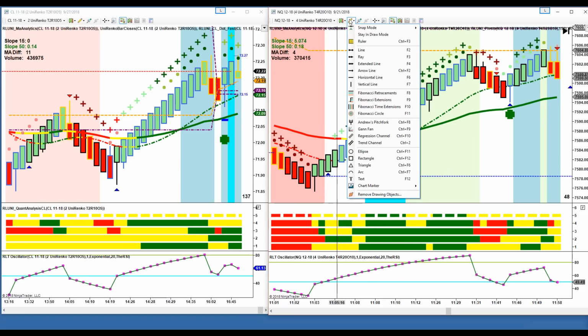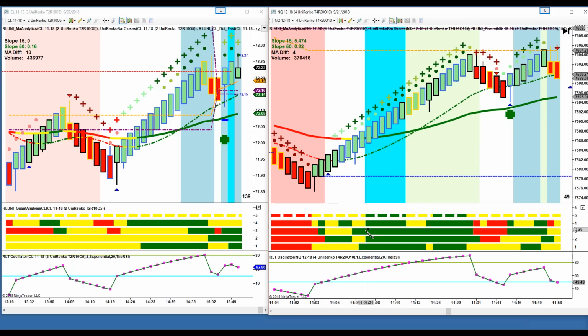Now, the middle line is mandatory. You cannot take a long trade without this middle line green. Now, you would like more lines.